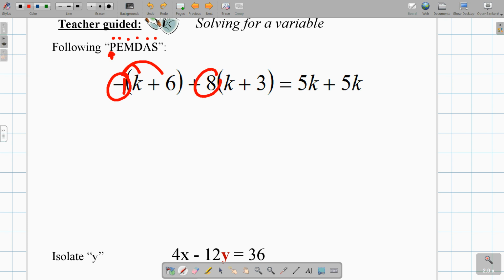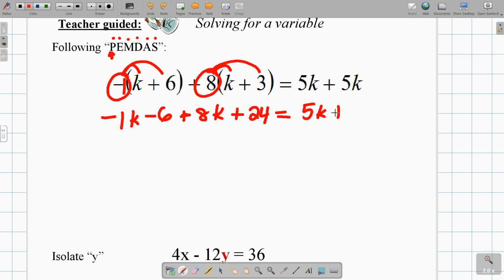Draw the distribution lines. Now we're going to go back, underline your variables. Double underline your non-variables. We're going to collect like terms, left and right.